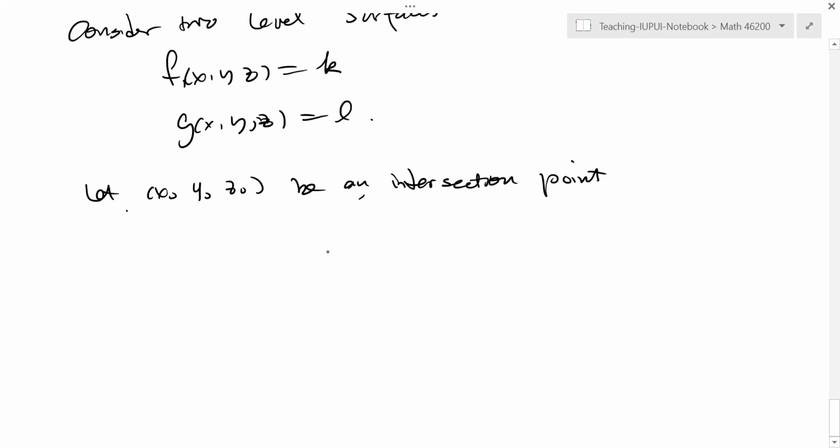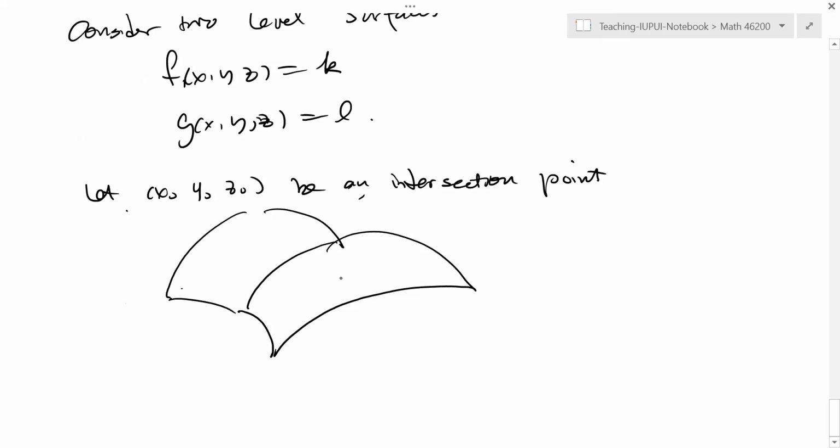So this is a surface. This is G equals L, and this is F equals K.